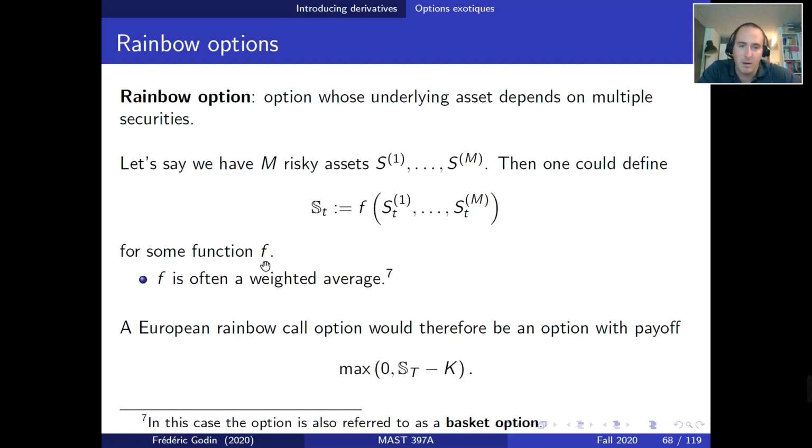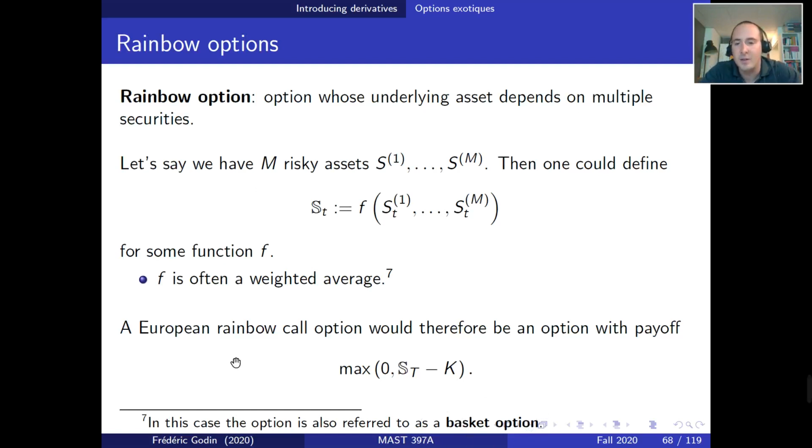Function F can be determined in the contract. A common example for F is simply the average of the prices of all assets. If F is an average, then the rainbow option is called in practice a basket option.